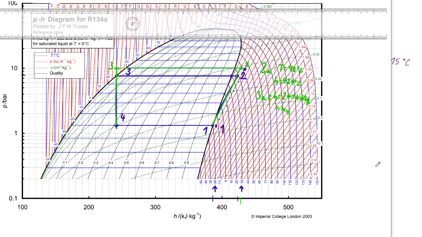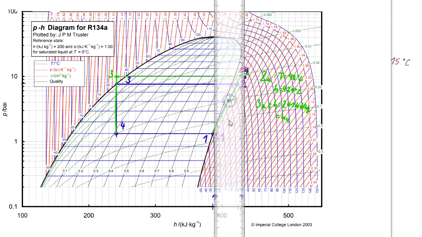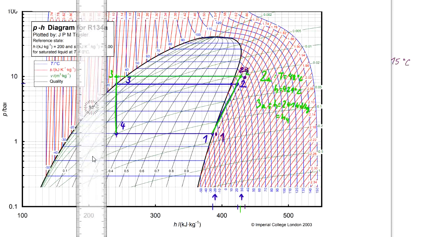And we will get to this point over here, which will be point 2 isentropic, and we get the value of enthalpy for that, which is approximately 435 kilojoules per kilogram.